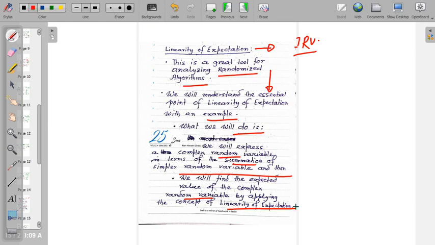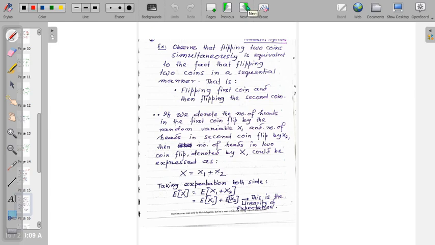The first example that comes to mind is again flipping coins. We have to observe that flipping two coins simultaneously is equivalent to flipping two coins in a sequential manner.